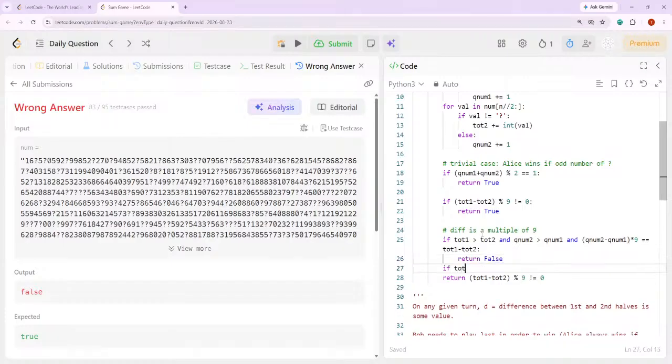Similarly, if the second is bigger than the first sum, and there's more question marks in the second half. No, in the first half. I wonder if I can just do this, just do that.